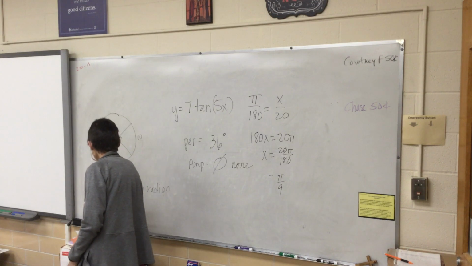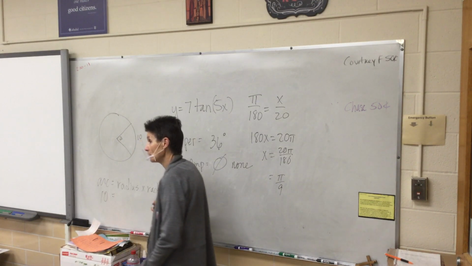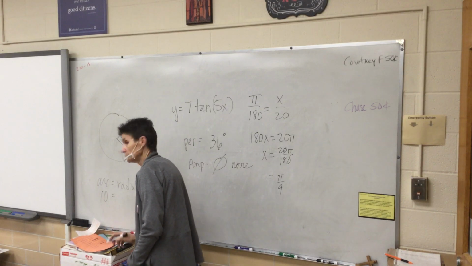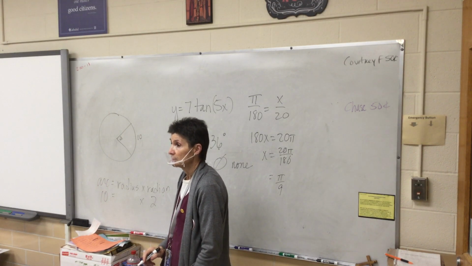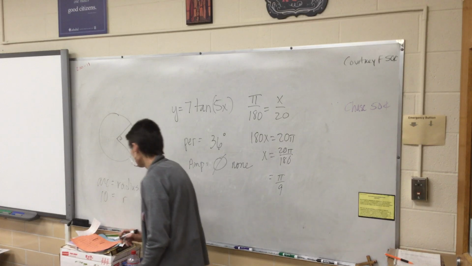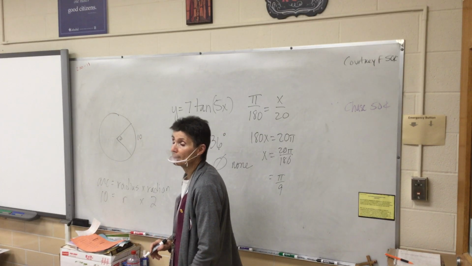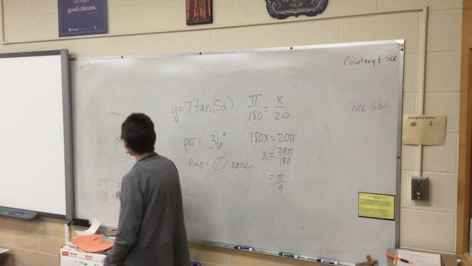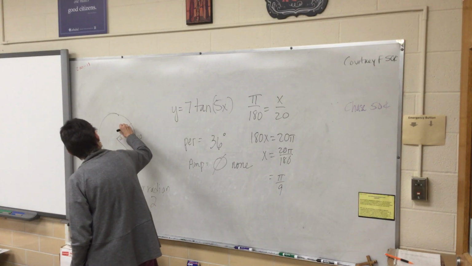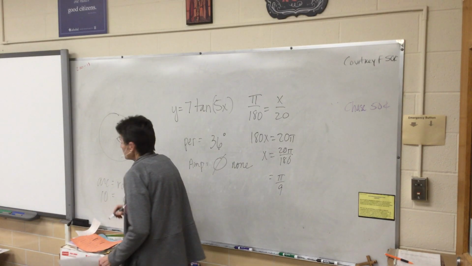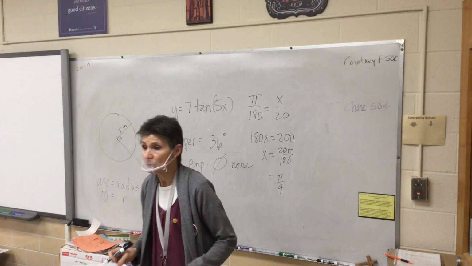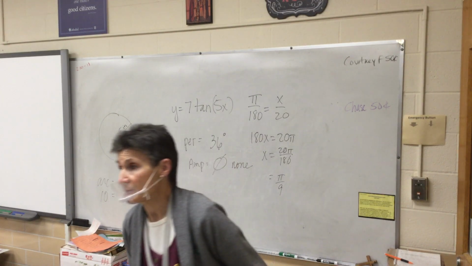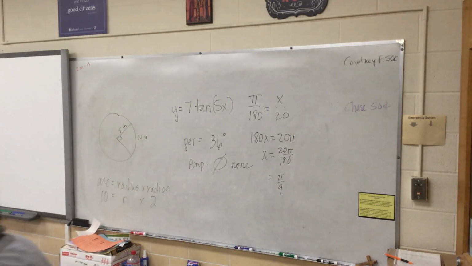We know the arc is 10, and we know the radian is 2. We just don't know the radius, but we can find it by dividing by 2. So this is going to be 5 inches. The radius has the same unit as the arc. So if the arc is in inches, the radius will also be in inches.